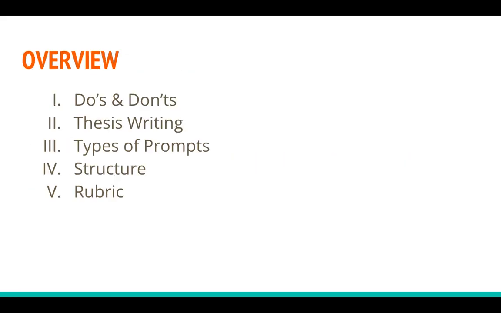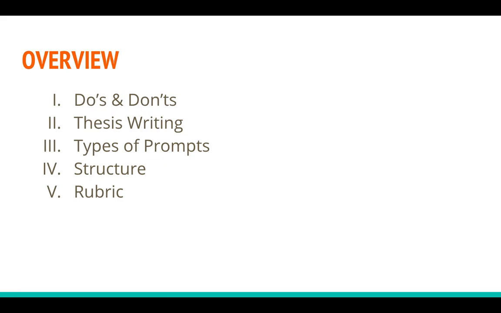So for today, here's what we're going to cover. We're going to look at the do's and don'ts of writing in an AP class. We'll look at how to write a thesis statement, and we'll look at some samples to see what's a good thesis statement and what's not. We'll look at the types of prompts that they're going to ask you, so you can prepare yourself for the types of essays you would need to write. We'll look at how to structure your essay, so that, just like we structured our SAQ, for the LEQ and DBQ you have a structure in mind for how to approach this.